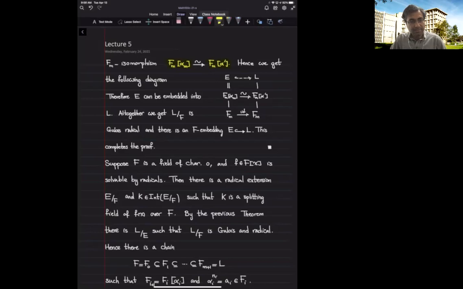So there is an f sub m linear isomorphism between these two fields.